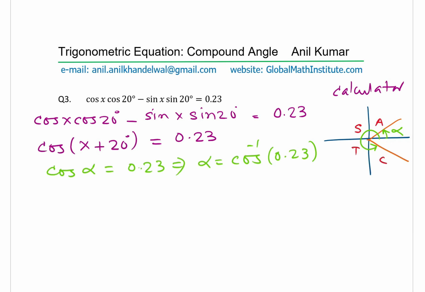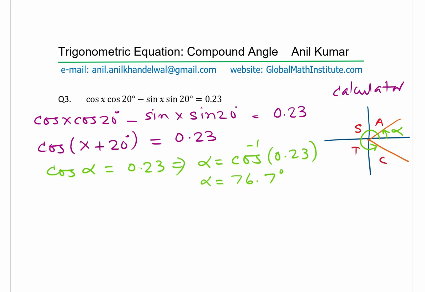Let's use the calculator. The mode should be in degrees, and we'll do shift cos inverse of 0.23. That gives us alpha as 76.7 degrees. So that is the acute angle which we have got.